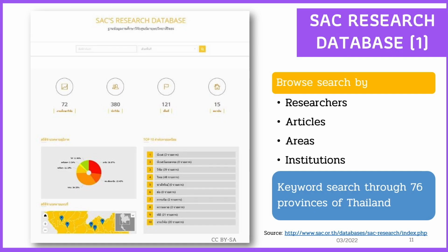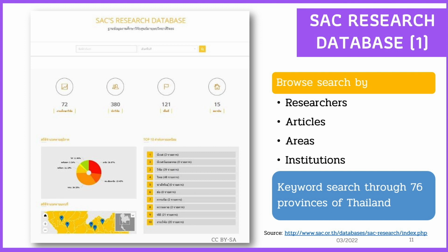Starting with the SAC Research Database, where the user can find information from researcher, article, area, and institution. This database was created to publish the academic works produced or supported by funding from the SAC.